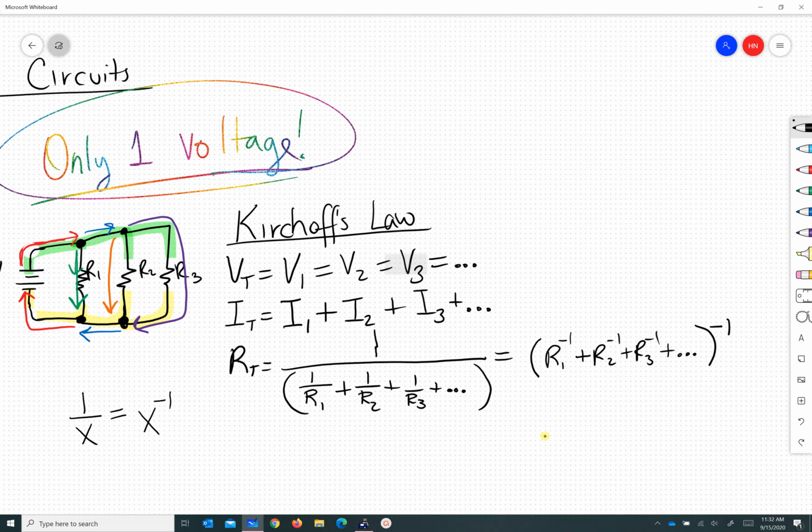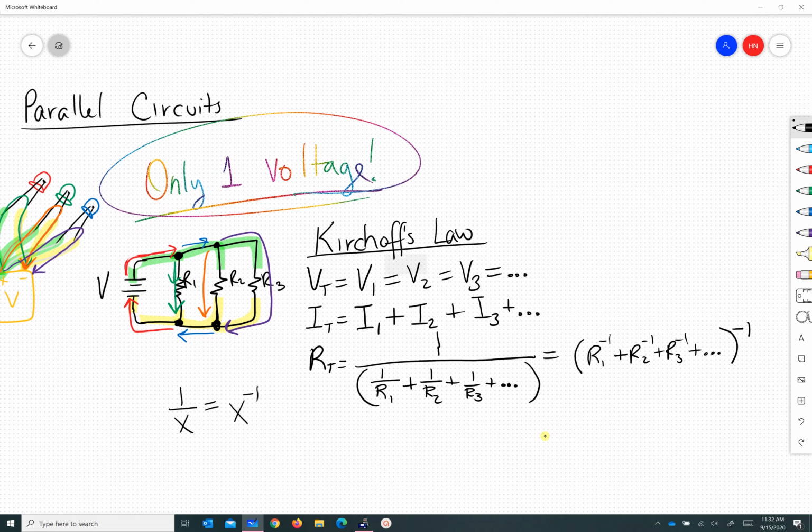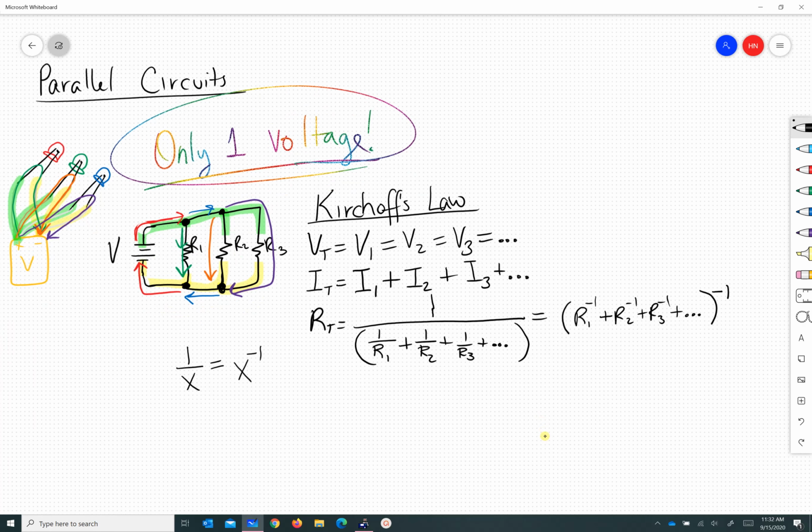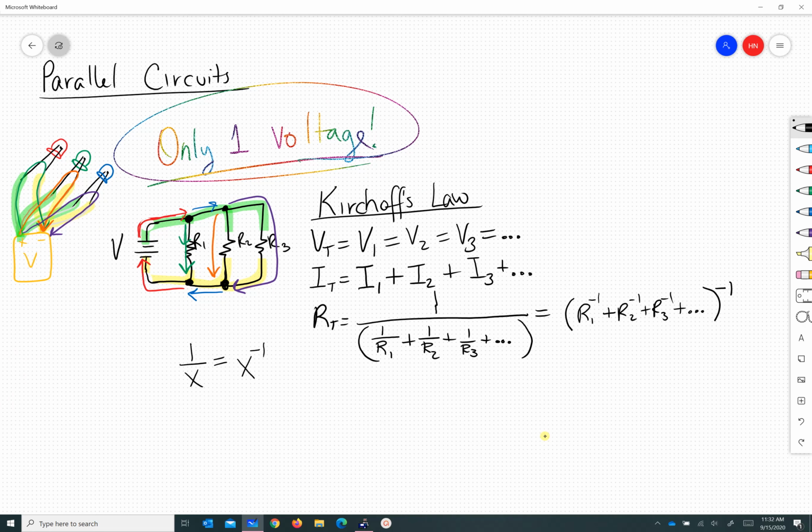Okay, so that is Kirchhoff's law for parallel circuits. Just remember, there's only one voltage. The currents add, however many branches, you add them up to get the total, and the resistance is the inverse of the sum of the inverses.